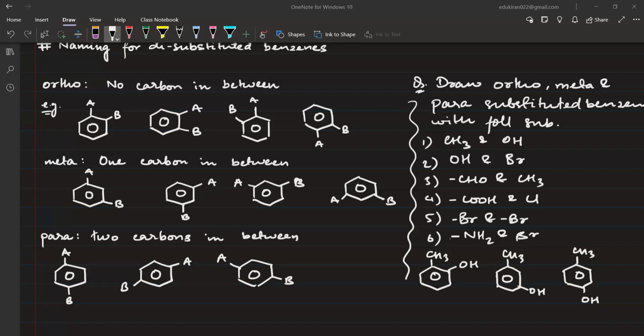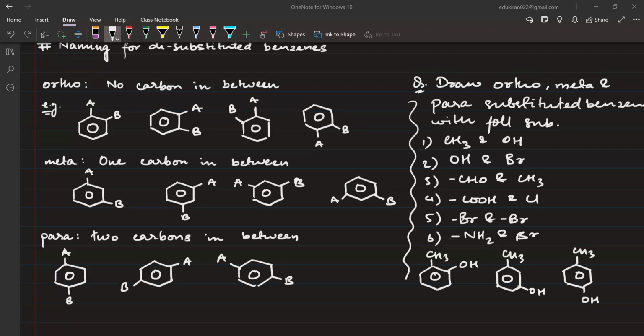Yes, very good, Mariam. Everything looks fine. Just one thing you missed, that is the circle in the benzene ring should be present in the fifth structure for para. So look at the Br and Br, and the para position, you have to just add a circle. Everything else looks fine.